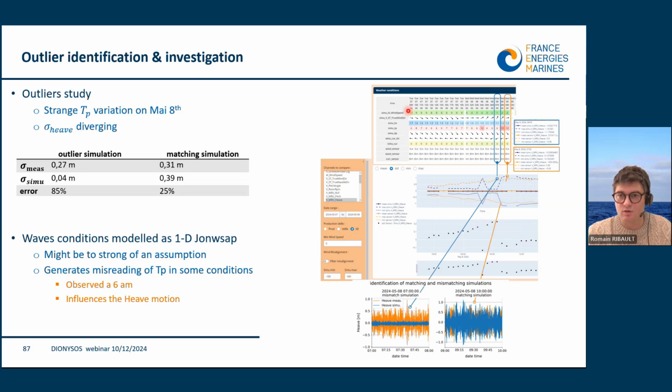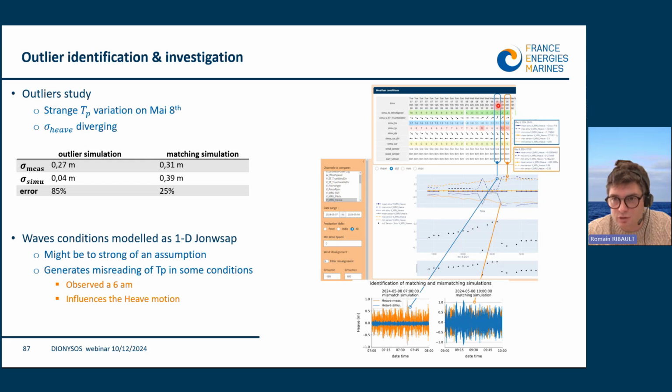Basically, this is a print screen of our graphical interface. You can see on the top the environmental conditions endured by the structure, and here how the model and the measurements are matching.